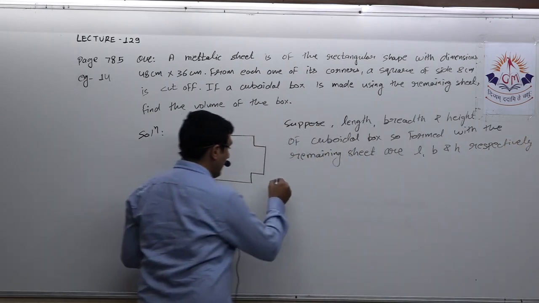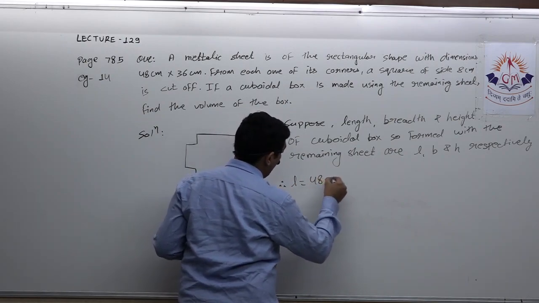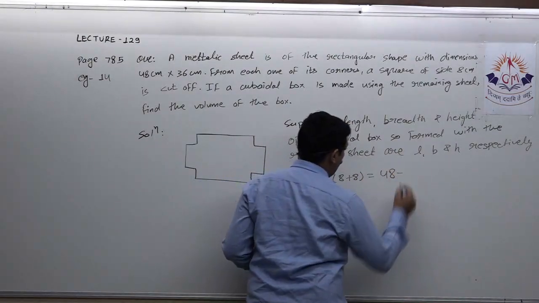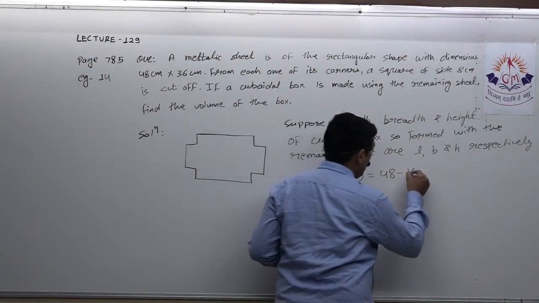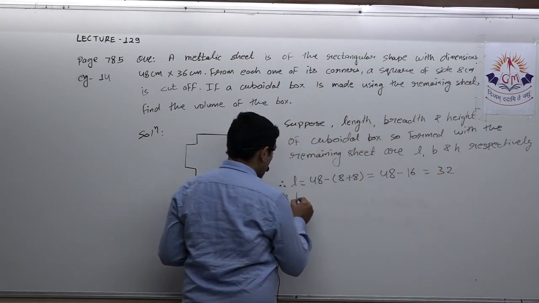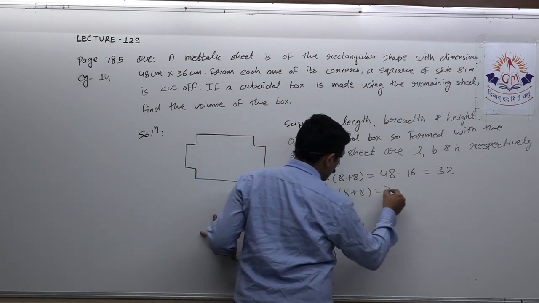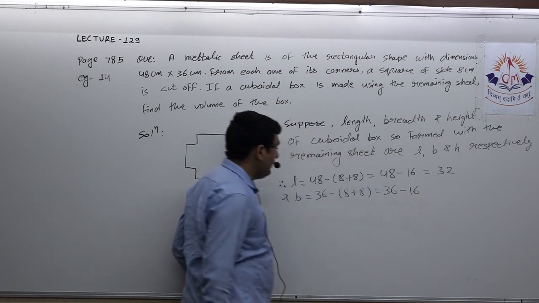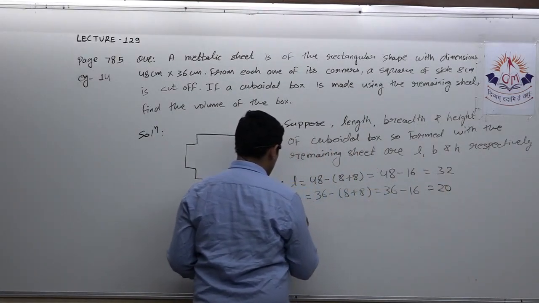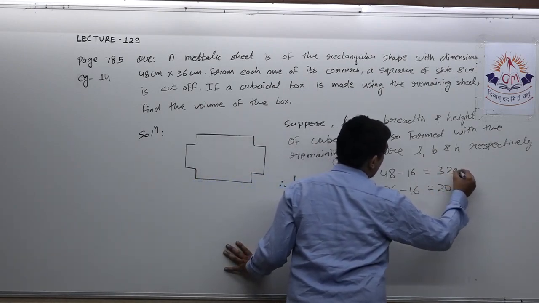Therefore I can say L is equal to 48 minus 8 plus 8, that is 48 minus 16, that is 32. B is equal to 36 minus 8 plus 8, that is 36 minus 16, that is 20. And H is equal to 8, all in centimeter.